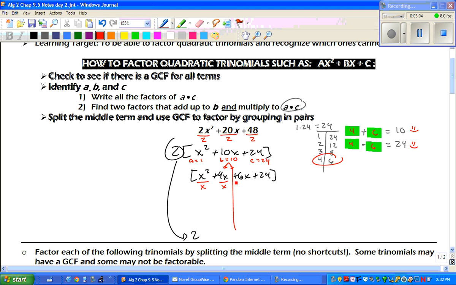We're going to take out an x from the first one, and it's a positive 6 from the back. And when we rewrite that, we have x plus 4, and then x plus 4, which is good because that's our checkpoint right there. We want to make sure that those are the exact same.